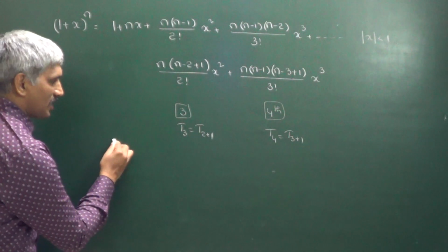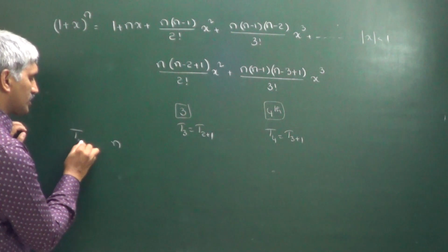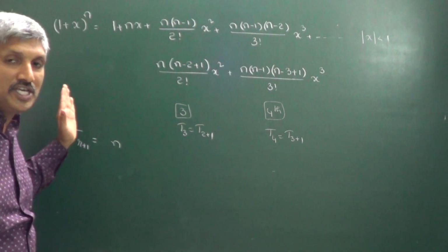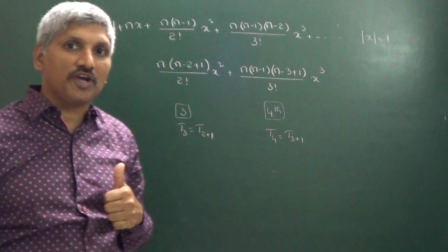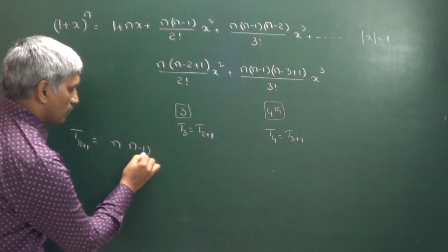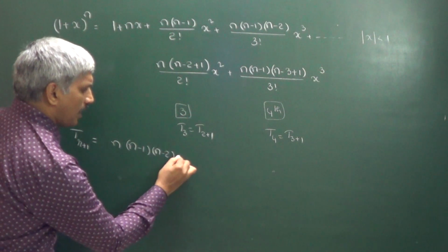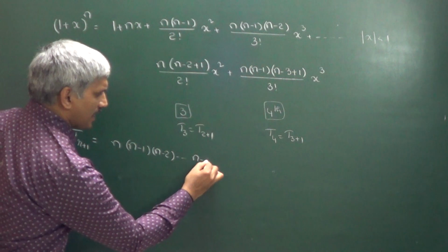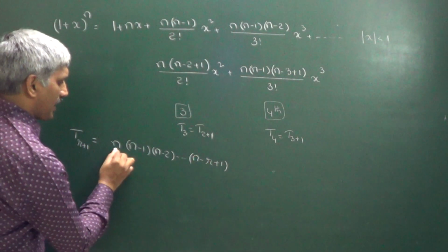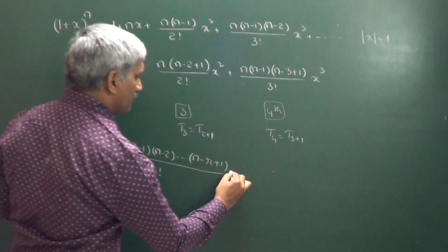The general term in the expansion of (1 + x)^n, when n is a rational number or a negative integer, is given by n(n-1)(n-2)...(n-r+1)/r! x^r.